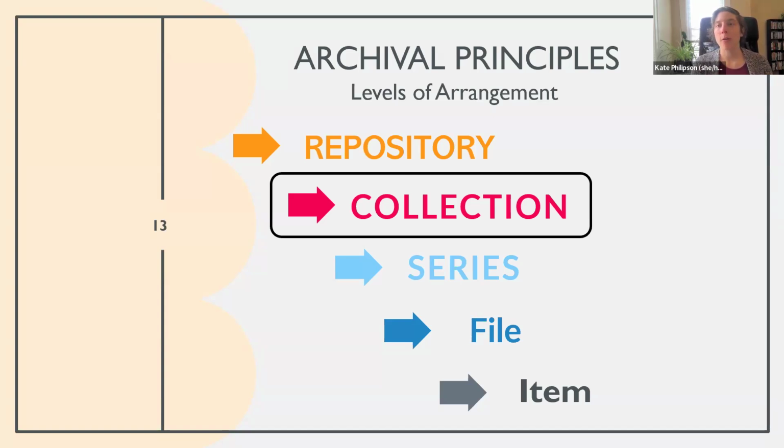It's rare that we're going to focus on individual items within an archival collection. Even if this collection never really gets arranged and processed beyond a series level, there's still this fundamental of understanding what kinds of topics and ideas are held within it.